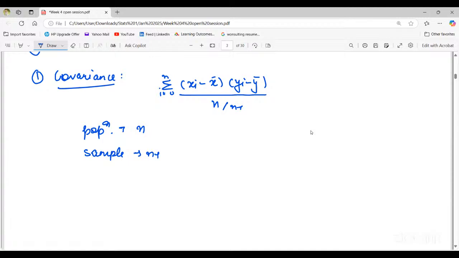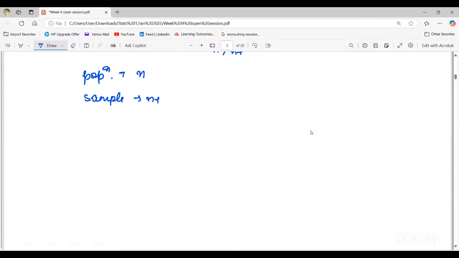Ma'am, what is covariance? Covariance basically tells you the direction of the linear association between two variables. Let me give you an example. This is age, and this is price. This is my x variable, and this is my y variable.